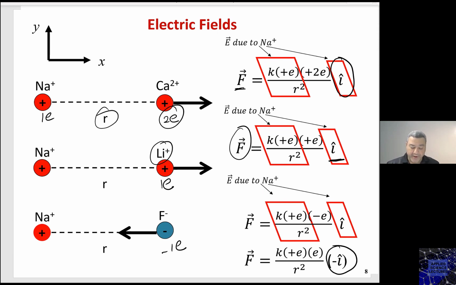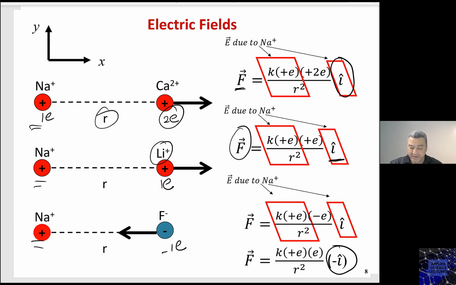Now, those are three relationships that have this sodium fixed, while the other charges that I am exerting forces on have been changed from calcium to lithium to fluorine. Let's try to find what is common in those three equations.